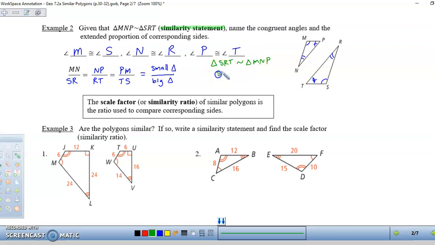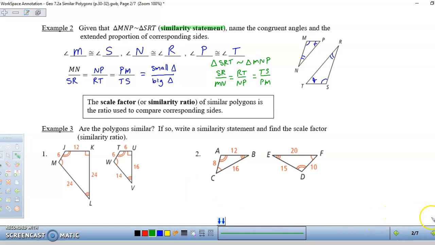So all that would do is be switching the fraction. Notice that this fraction is just flipped because the bigger triangle is now the first one listed. Okay, and that would go for all of the fractions. So just pay attention to which is listed in the ratio or in the triangle statement, and take that as a hint on what goes on top and what goes on the bottom.